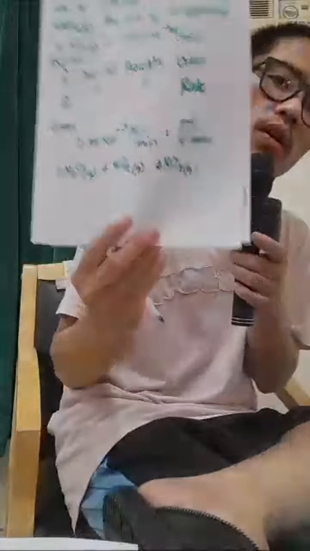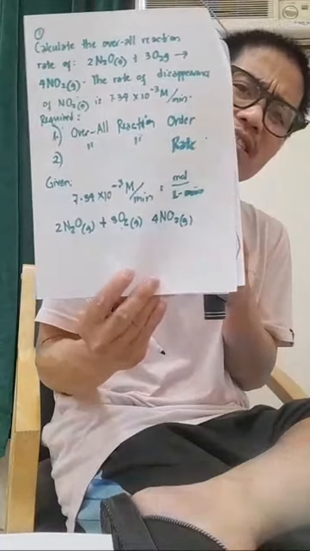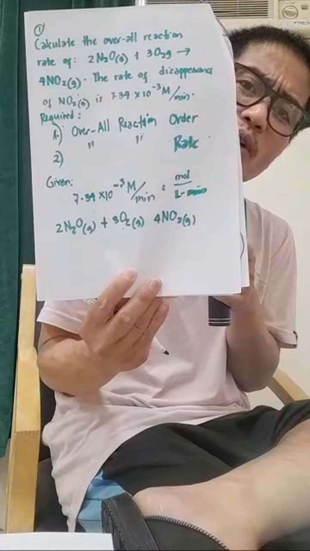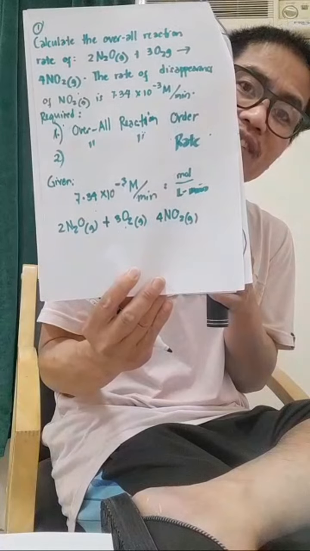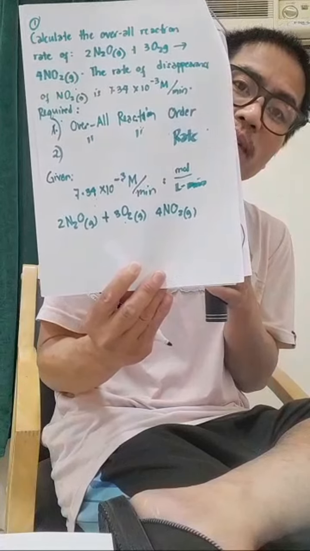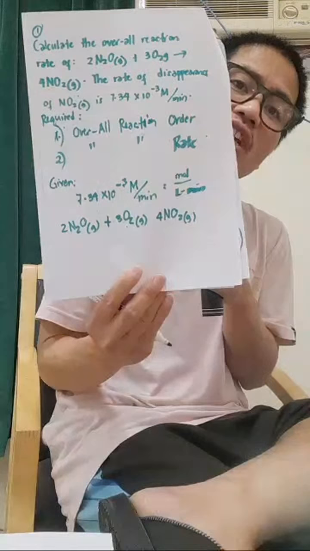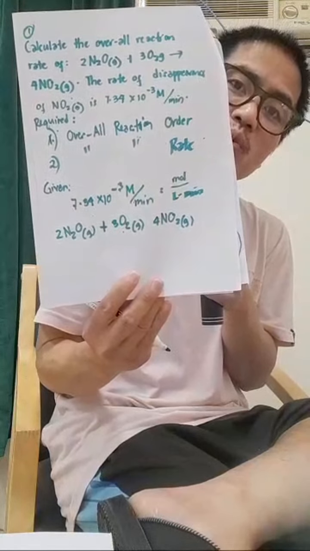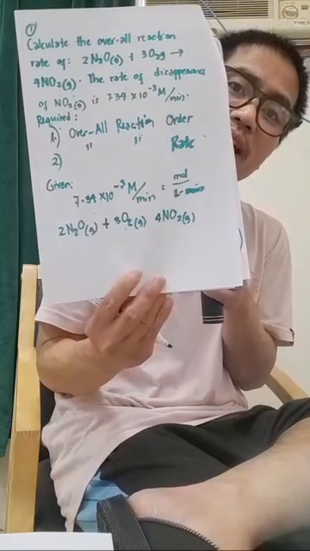Now, guys, the N2O will dissociate when it produces a product, meaning it will have a negative rate because the initial concentration of N2O will be reduced to produce this NO2.